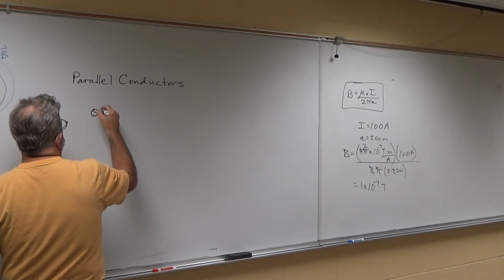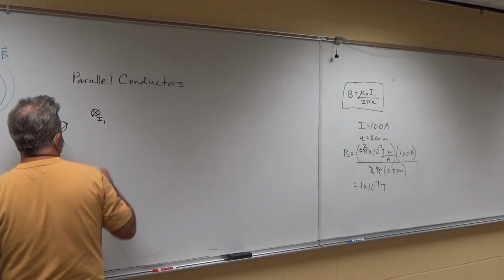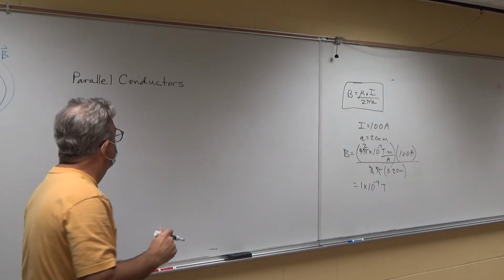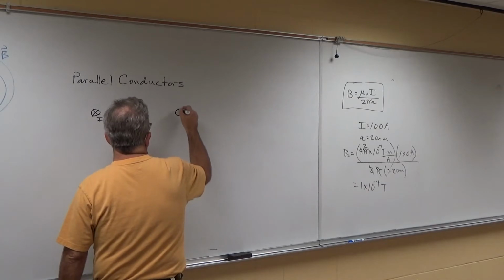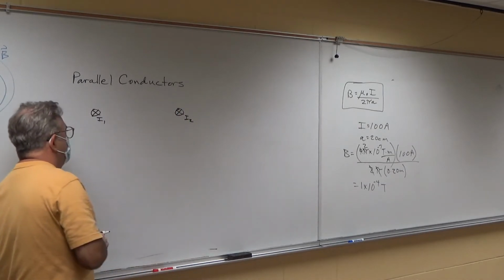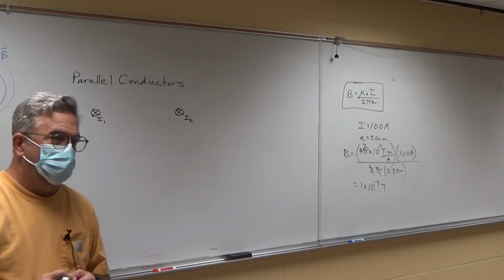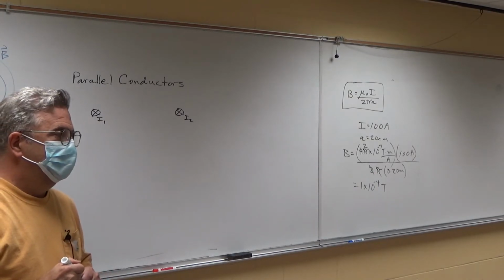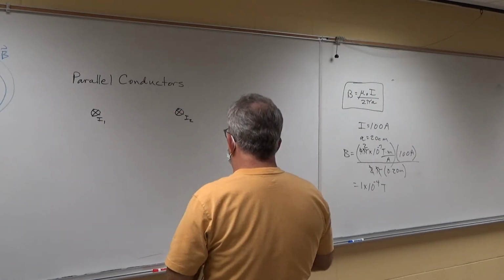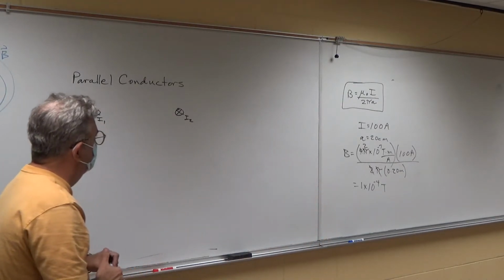Here's one wire. I'll call it wire 1. It carries current I1. Here's wire 2. It carries current I2. Both of them are carrying current into the board. So I'm looking in on them. They're long, straight, parallel, and they're carrying current into the board.